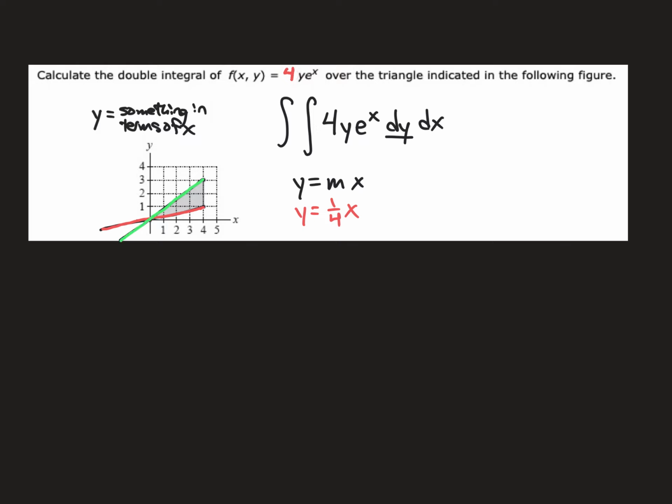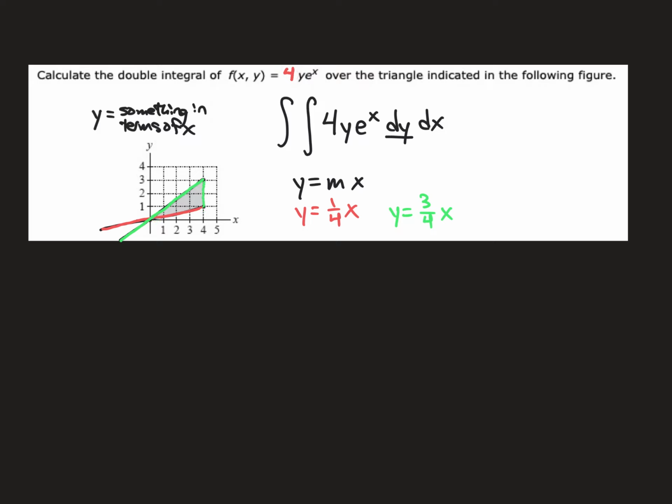Here we have a run of 4, a change in x of 4, and a corresponding change in y, or a rise, of 3. So the green line has equation y is equal to 3/4 x. Okay, so far so good.